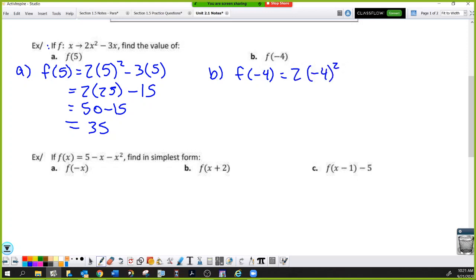It's going to help you get your accuracy points because you're less likely to mess up negative signs as long as you're using your parentheses. So order of operations, we have to square that -4 first, giving us 16. And when you multiply two negatives, you get a positive. So we have 32 plus 12, or 44.